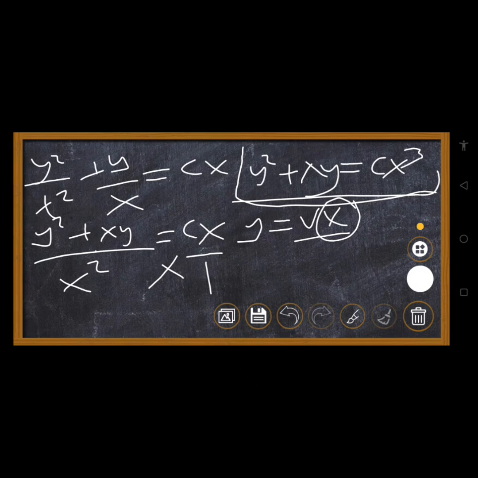After you factorize x, you cancel the values of x. After you cancel the values of x, you simplify the given expression and then integrate. After you are done with integrating, you are going to have v in the expression. So you have to replace where there is v with y over x, then you are done. So that's it about ordinary differential equations concerning homogeneous. No matter how long the equation can be, the idea behind is just the same.